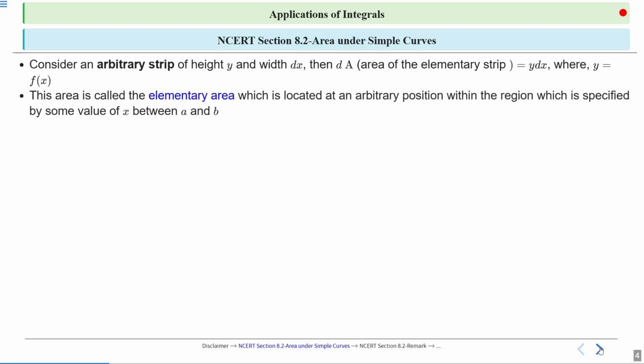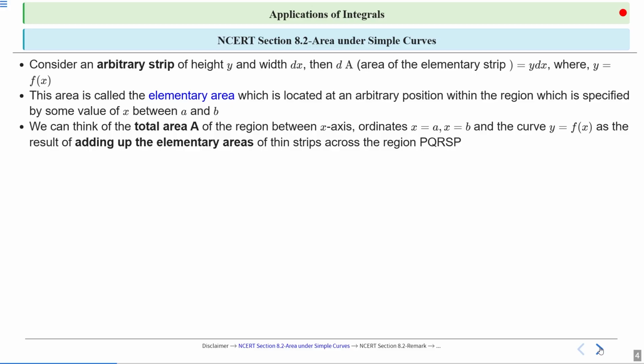Consider an arbitrary strip of height y and width dx. Then dA, area of the elementary strip, is equal to y into dx, where y is equal to f(x). This area is called the elementary area, which is located at an arbitrary position within the region, which is specified by some value of x between a and b.